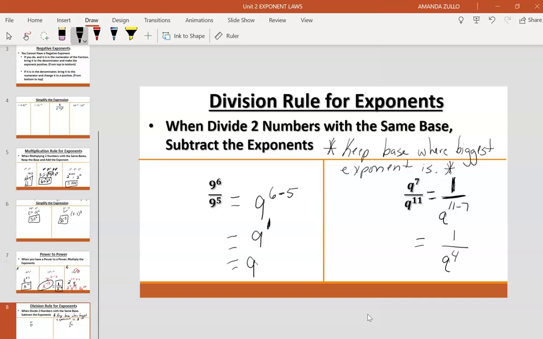If you don't do it this way, you would have done it like this: q to the 7 minus 11, and you would have gotten a negative exponent. And where do negative exponents go? If they're in the top, you got to throw them down to the dungeon and put a 1 over it. Either way you do it, you're still going to get the correct answer. Division, keep the base, subtract your exponents.